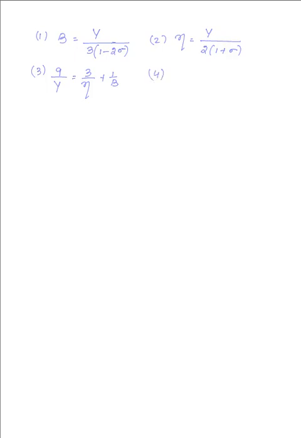And finally, another relation where we have the Poisson's ratio equal to 3 times B minus 2 times eta divided by 6B plus 2 eta. So these are few relations which you may try.